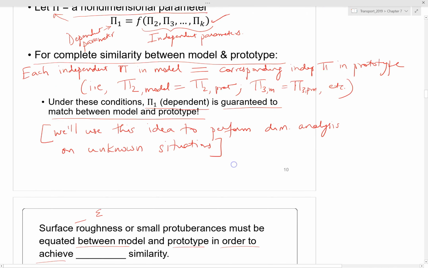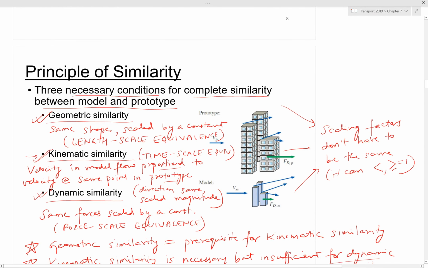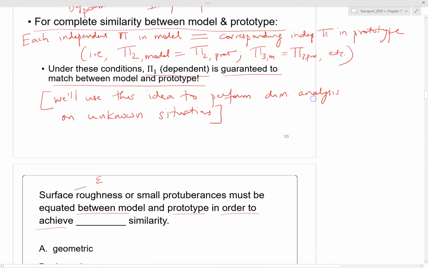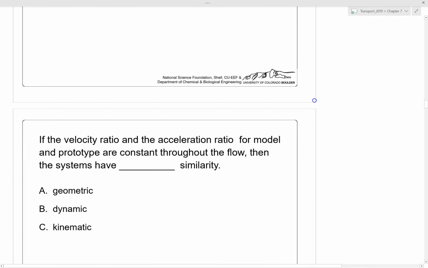Again, remember the three types of similarity. Geometric similarity is same shape, or it's just scaled by a constant length scale equivalence. So here we are talking about physical similarity, so it has to be geometric similarity. Okay.